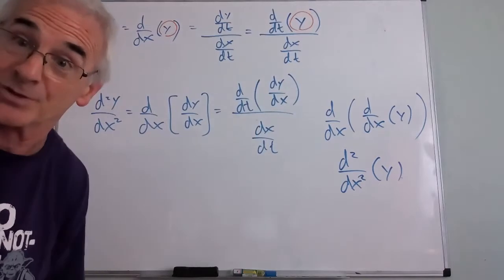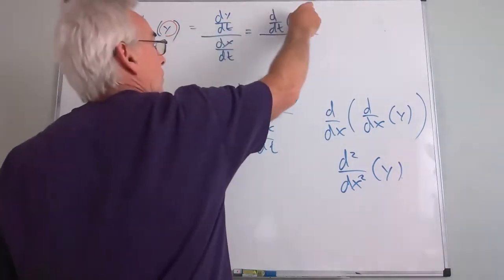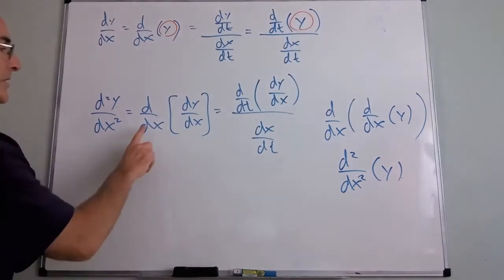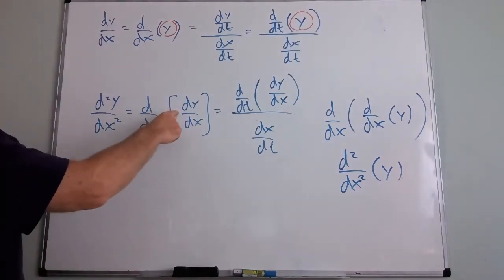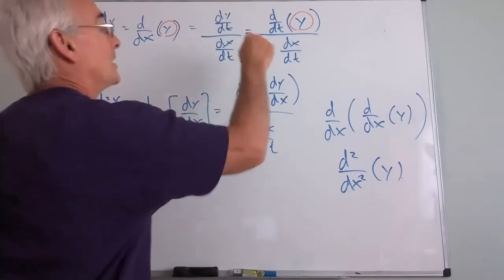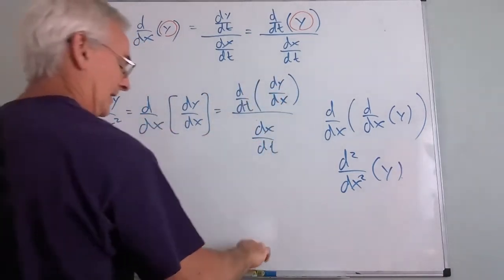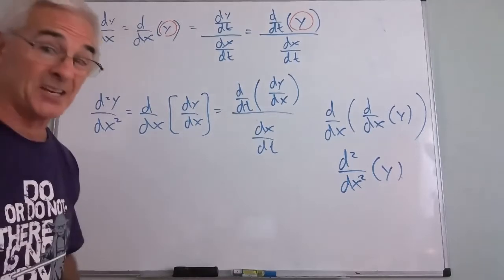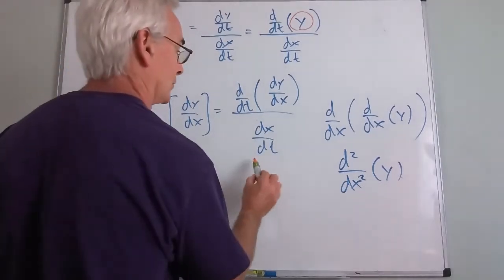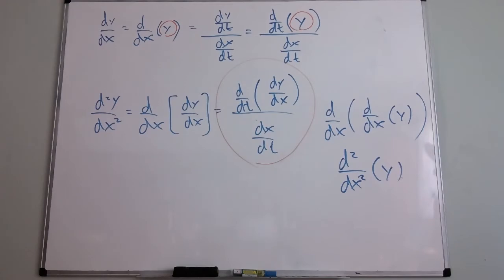That's what we're saying right there. I did d/dx of y, it's the same as doing d/dt of y over dx/dt. Now I want to do d/dx of dy/dx. It's the same as doing d/dt of dy/dx over dx/dt. And this is the trick. This is the formula. In fact, some textbooks don't even do the derivation. They just tell you that that's the answer. That's the second derivative.